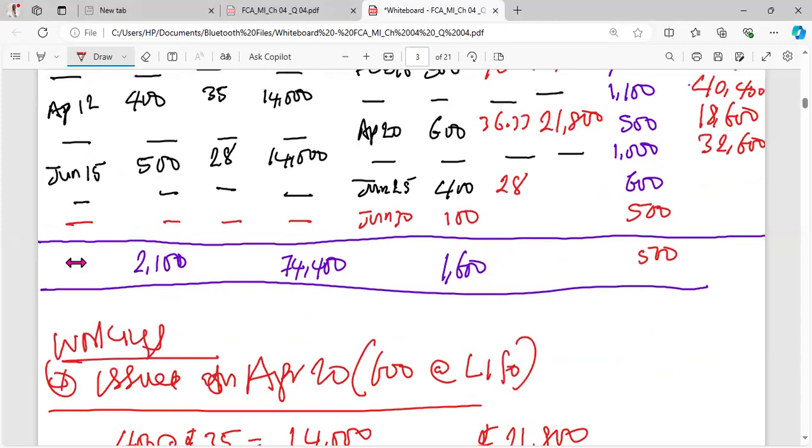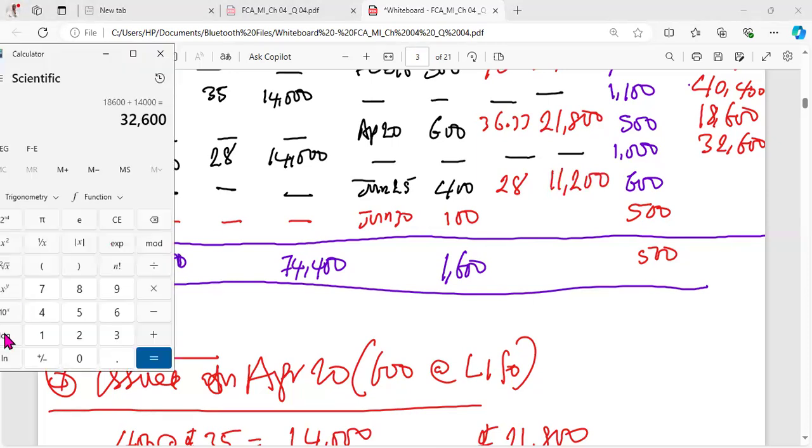So let's check. 400 times 28, that will give us 11,200. When we remove it from 32,600, we have 32,600 minus 11,200. That gives us 21,400.